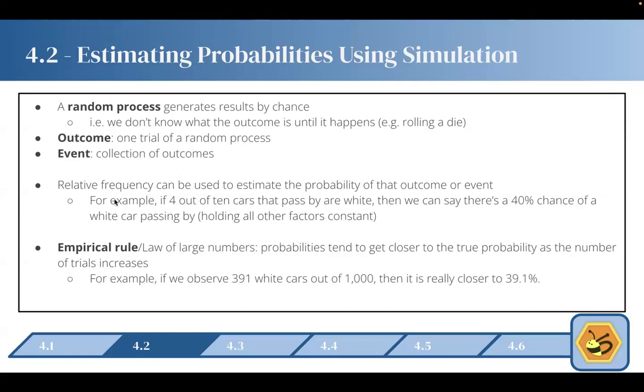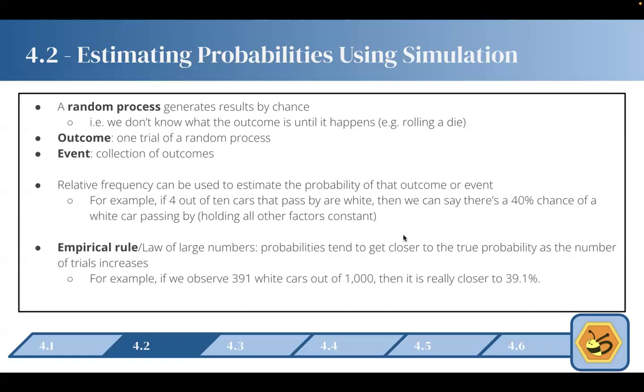So for example, if we're on the side of the highway looking at the cars that are driving by, we see that 4 out of 10 of them are white. Then we can say that, as long as we look at the same time of day, same highway, same place, there's a 40% chance of a white car passing by.